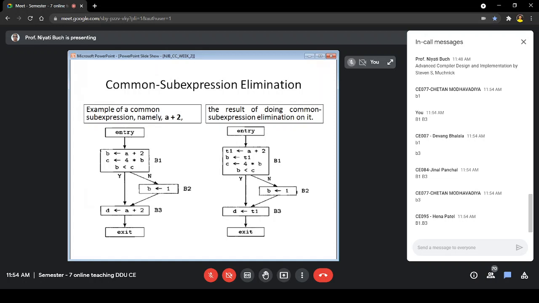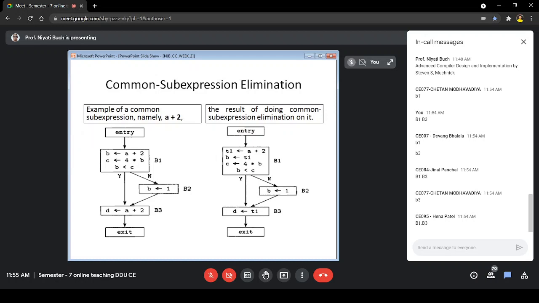But is a changing anywhere? Visually, there are two flows possible. There is a condition. If yes, then a certain flow is followed. If no, then it goes through block B2 and then to B3.